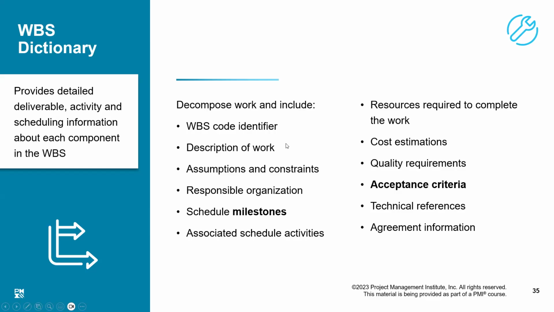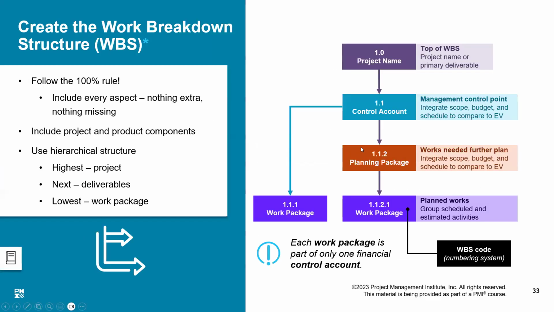Actually, the WBS dictionary comes out of the WBS. The WBS is a chart with boxes linking each other, just like I have shown you. But then we look at only all the work packages and compile a list of all the work packages.